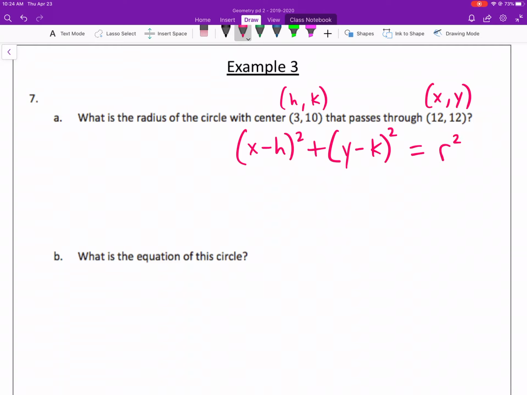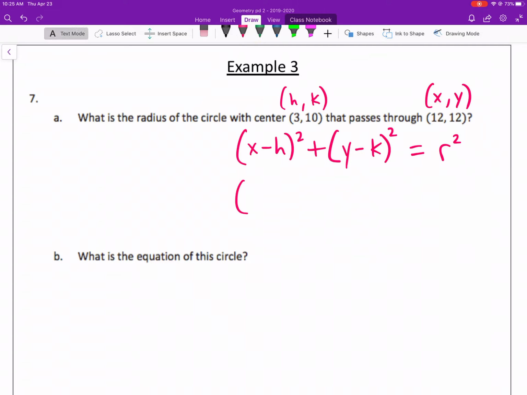That's your equation of any circle. So now we're substituting. In this case, we have the fact that x is equal to 12.